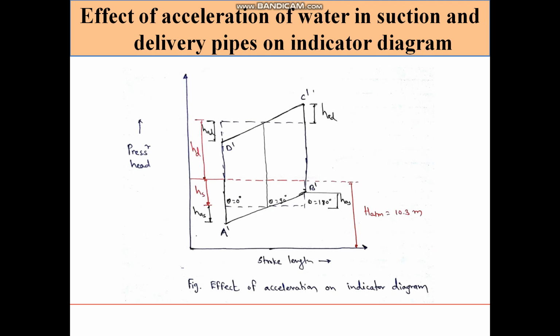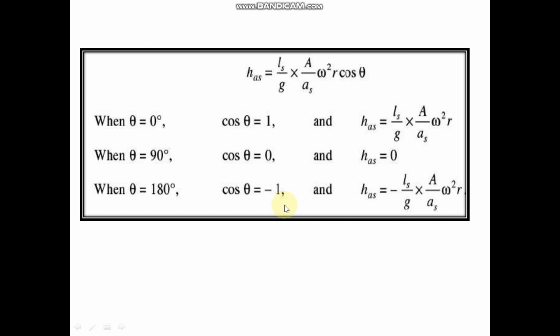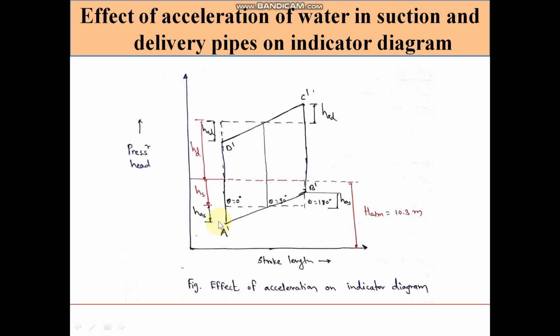So at the end theta is 180, so cos theta is minus 1 and acceleration head becomes negative. Now this acceleration head of water should be subtracted from the suction head. So point B dash is representing the end of suction stroke, and its value is less than suction head.